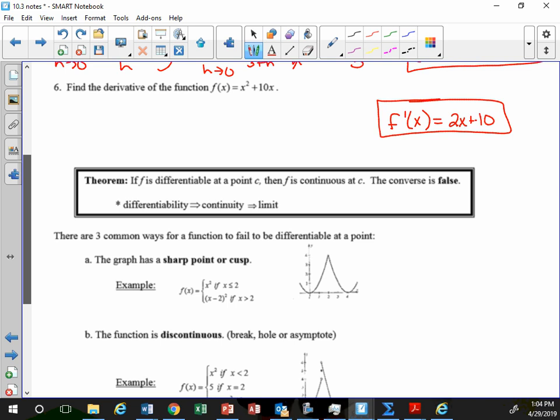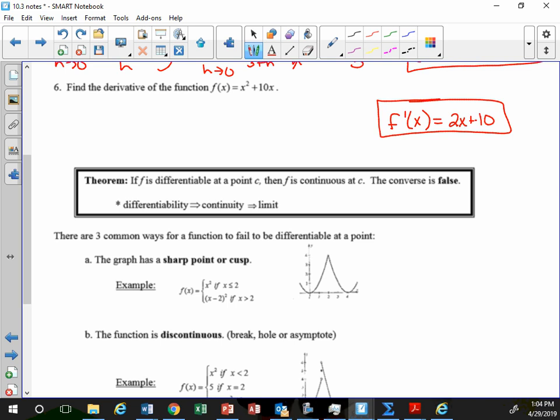H is 0, so you get rid of it? Yeah. So it's just equal to 2x plus 10.